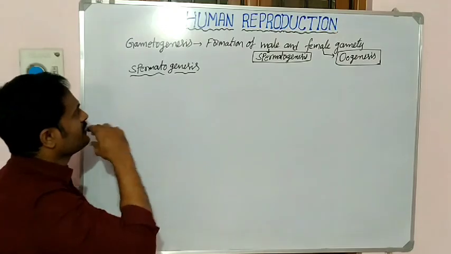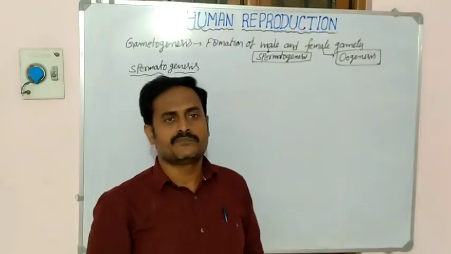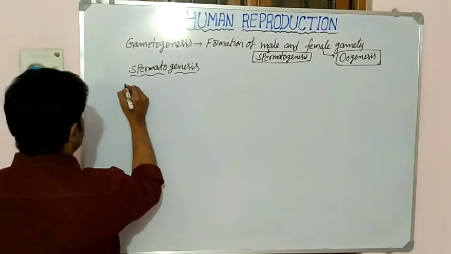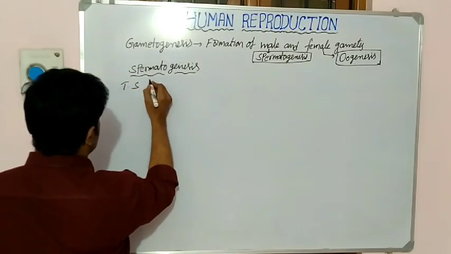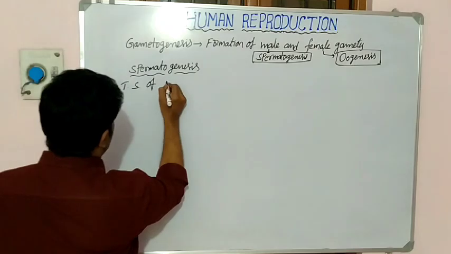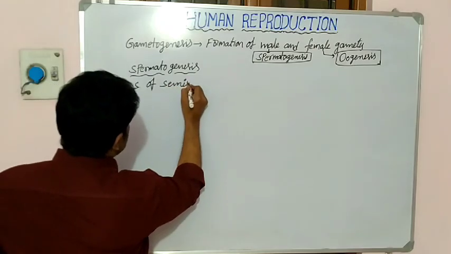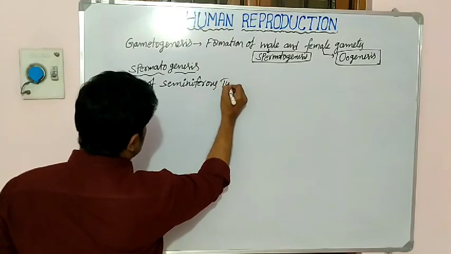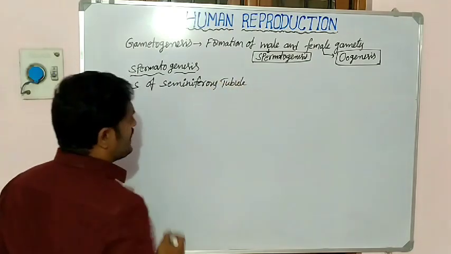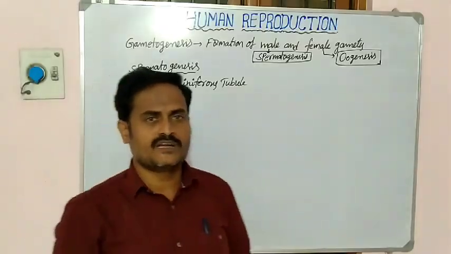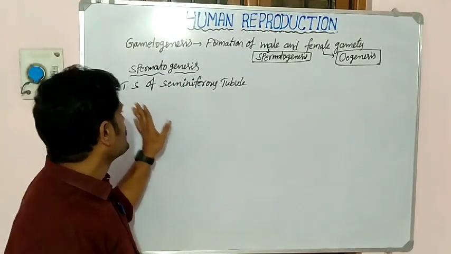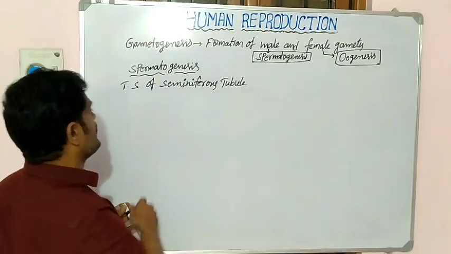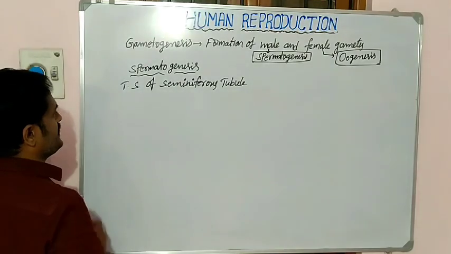We will take the diagram of the TS of seminiferous tubule. Here I will take one seminiferous tubule and cut it. In the transverse section of the seminiferous tubule, we will notice the important arrangements.